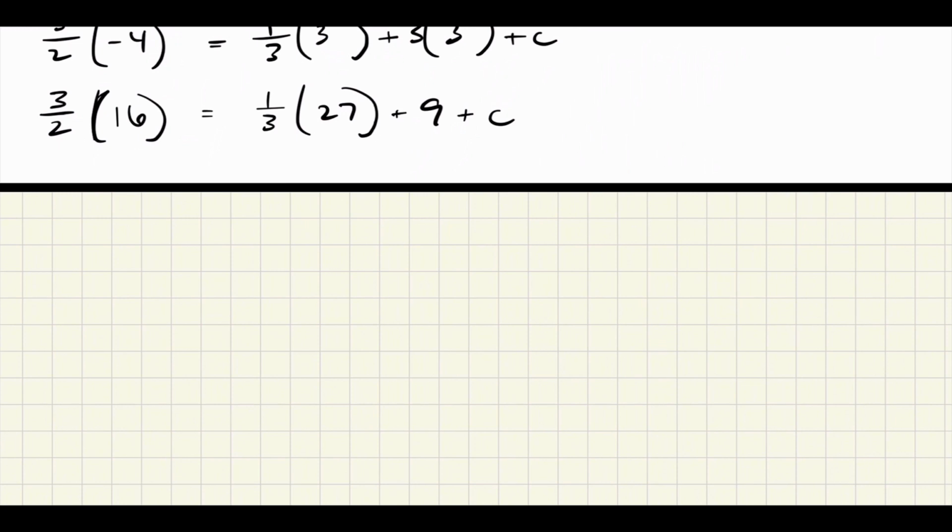So 3 over 2, let's see. So it's 16 over 1. So I can simplify that to 8, 1, 24. And then 27 times a third is really, you're dividing it by 3. So it's 9 plus c.